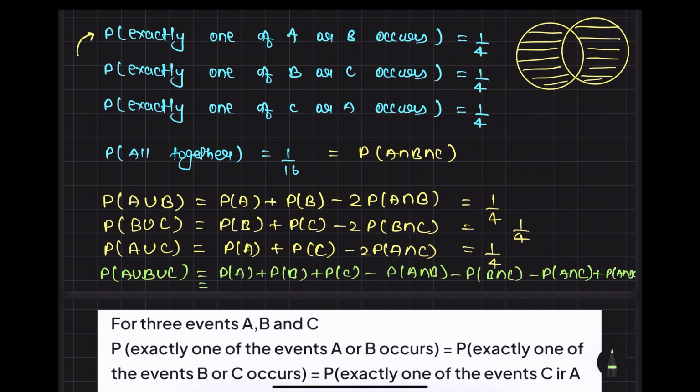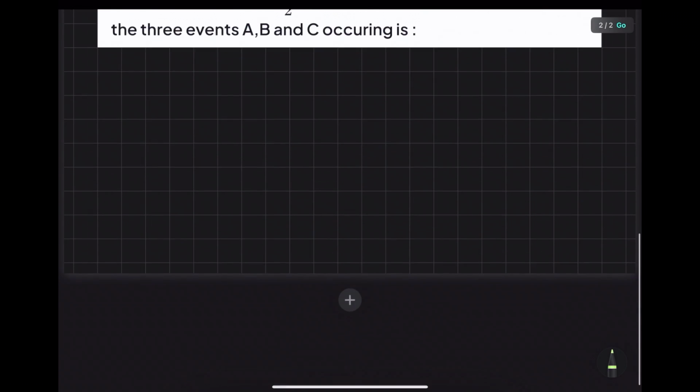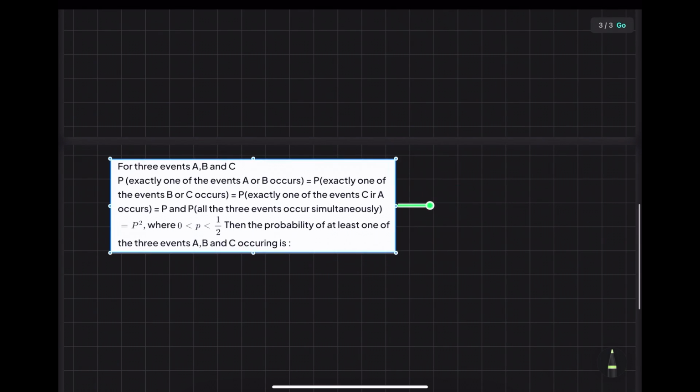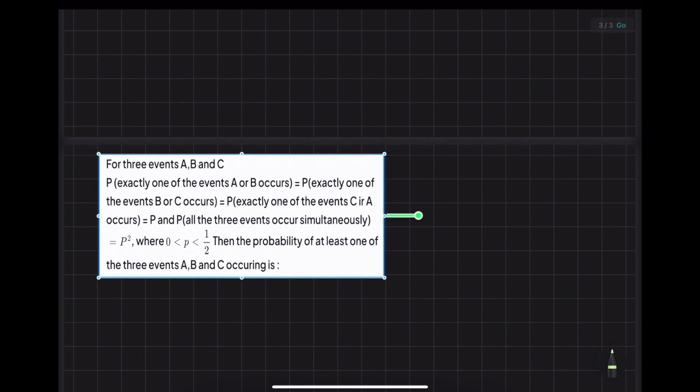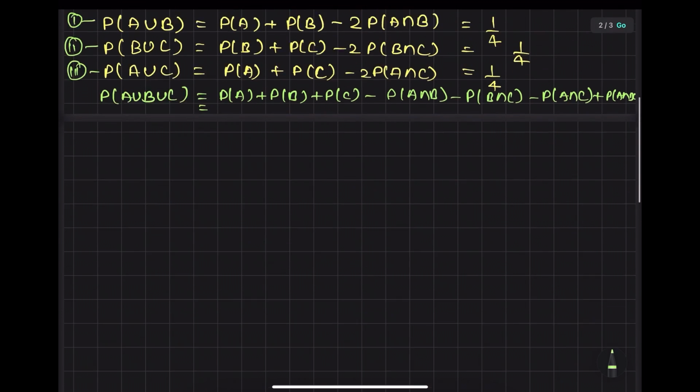Now can we write this thing as, if you add all those three pieces of information, 1, 2 and 3, so you will have what? Wait a moment. Yes.